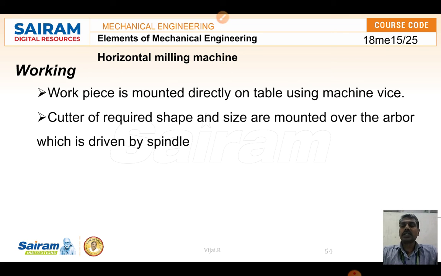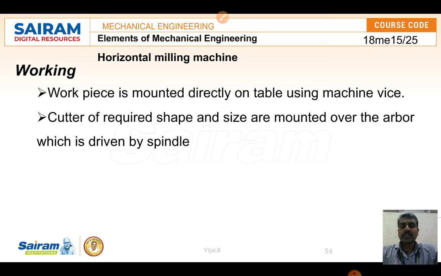Here we can see the horizontal milling machine. What is a horizontal milling machine? It is the one where the spindle rotates about a horizontal axis. The spindle, which carries the cutter, rotates in the horizontal axis, so we call it a horizontal milling machine. How does it function? The knee is the very important part. Over the knee are the saddle and the work table, and the work table carries the workpiece.